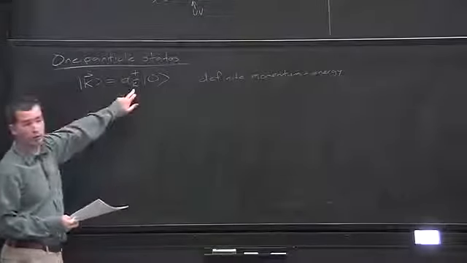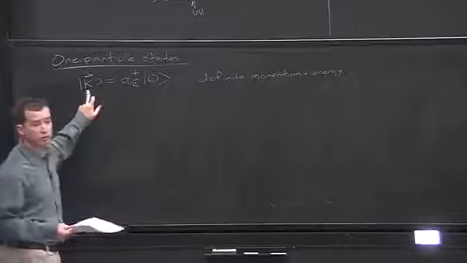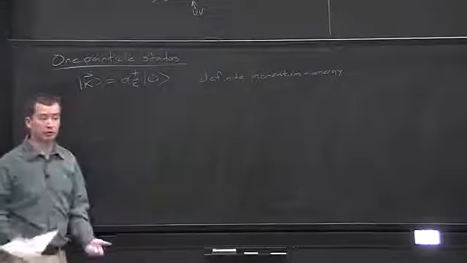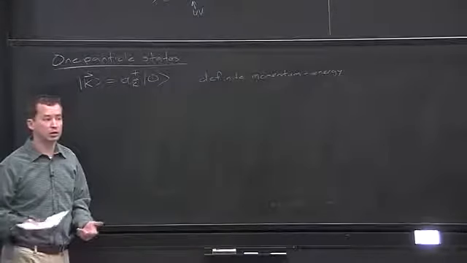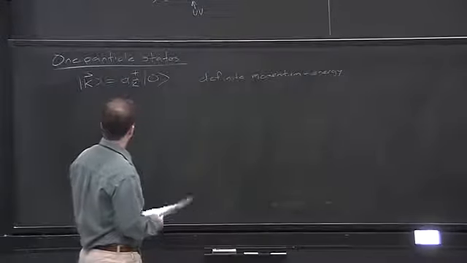I'm just labeling them by the free momentum that uniquely determines the four-momentum, because these are physical states that we can measure that satisfy E squared equals k squared plus m squared.